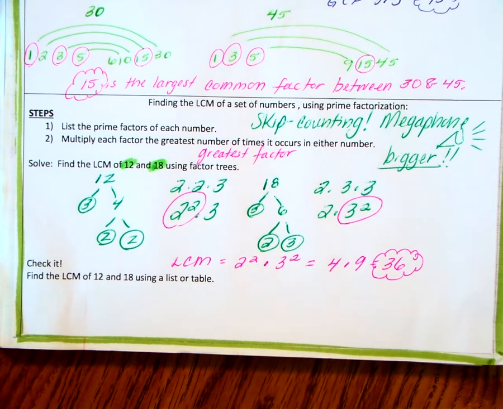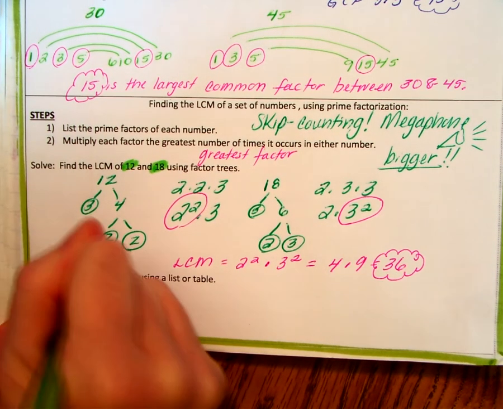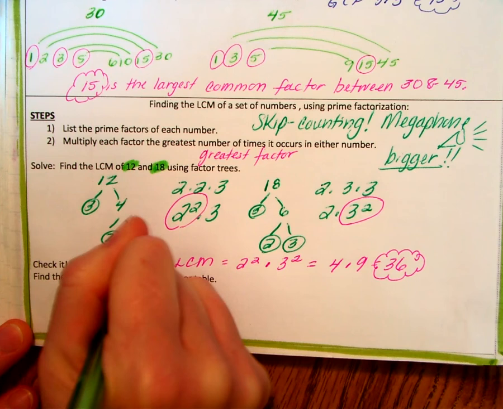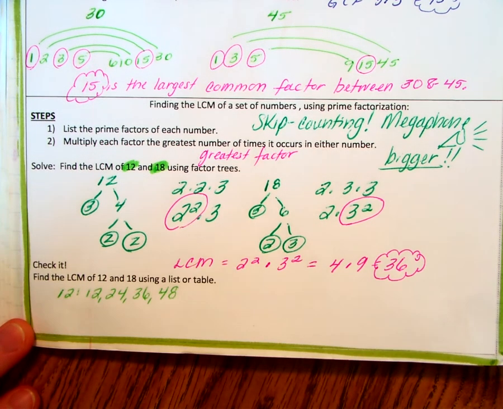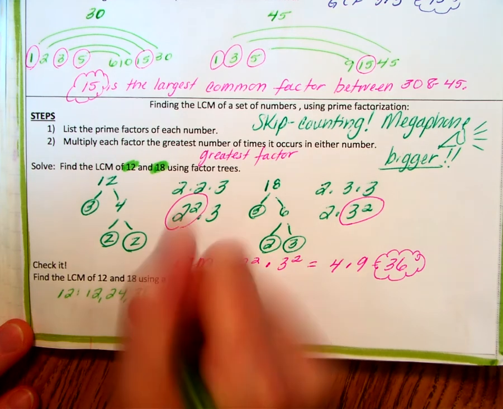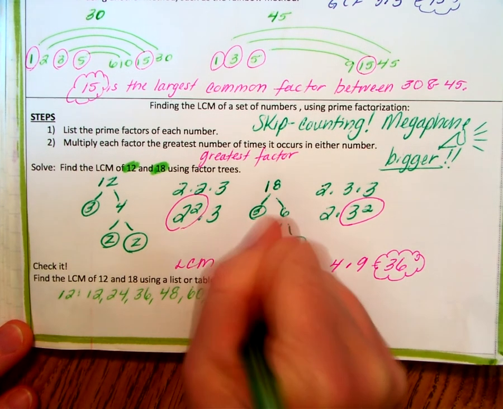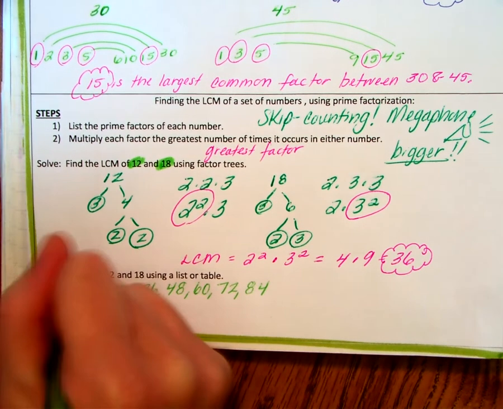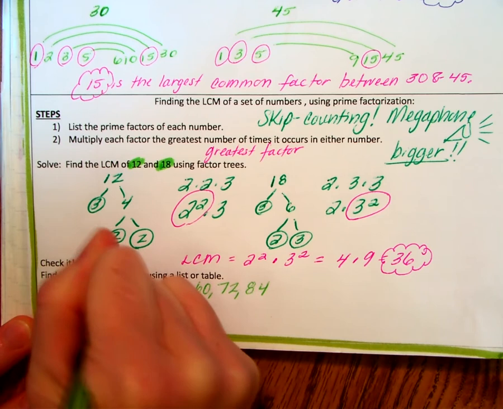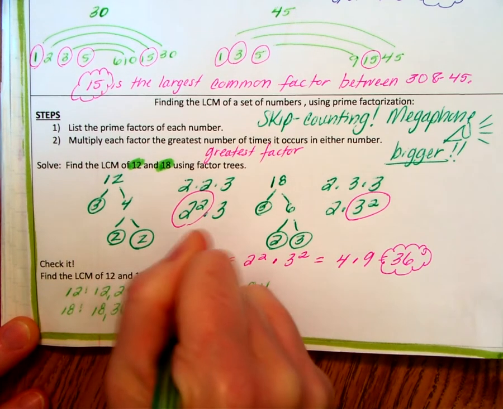We're going to test this using the list method. You could do a table, I'm just going to do a list. So I'm just going to skip count here. 12, 24, 36, 48. I could keep going if I needed to. 60, 72, 84. Now, I'm going to do for 18. We got 18, 36, 54, 72.